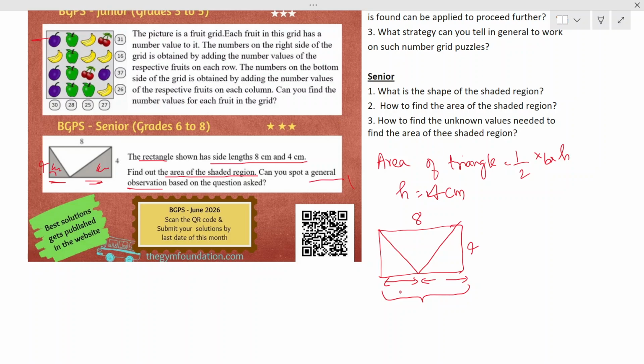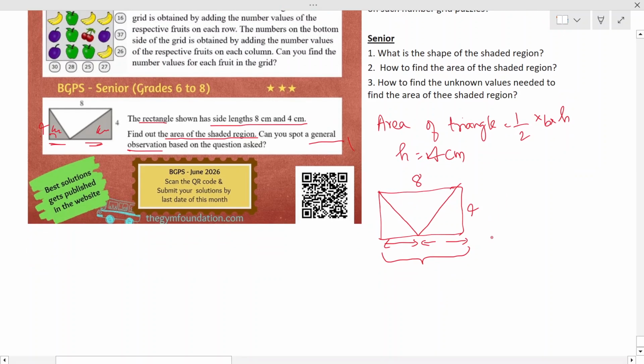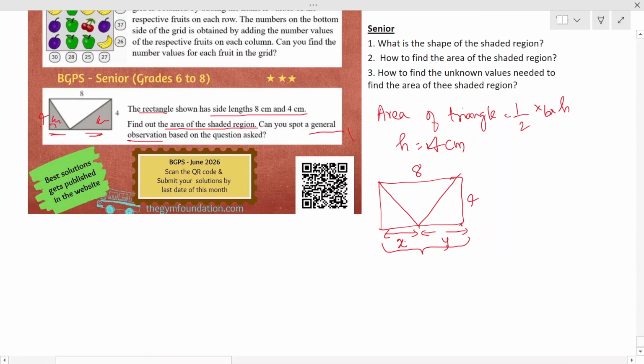So maybe what you can do is assign a variable for the length which is unknown. If you say this is x, the part on the left hand side, can you also define the next part, as a relation, or do you want to have it as a different variable y? This is a very important thinking.